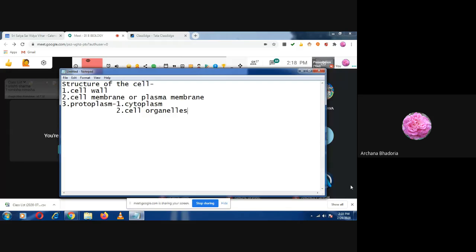And the third thing that is present is the cell inclusions.